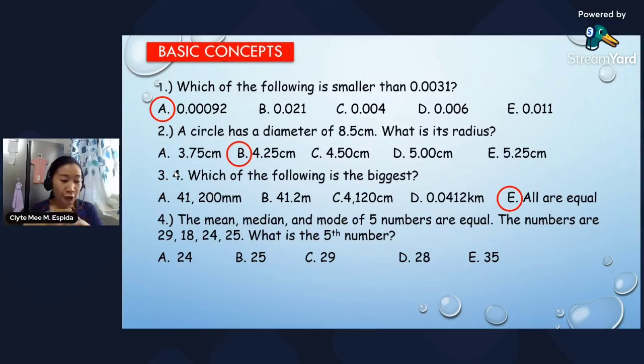For you to be able to solve number 4, you should arrange it first from least to greatest. So, mula sa pinakamababa hanggang sa pinaka malaki yung value. Okay, so most of you answered B.